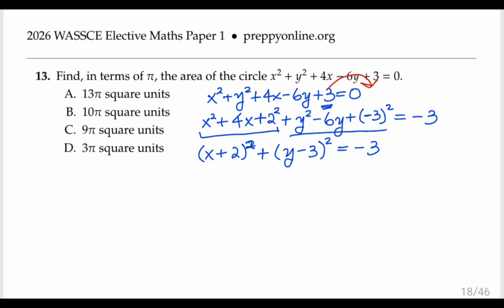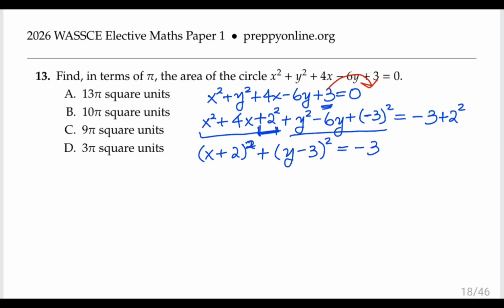So here, I made a mistake. When I added the 2 squared to the terms in x, I should have added the same 2 squared on this side. So let me do that.